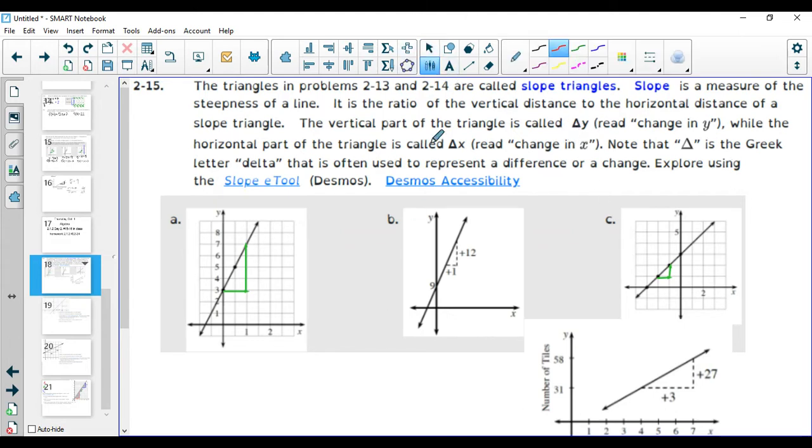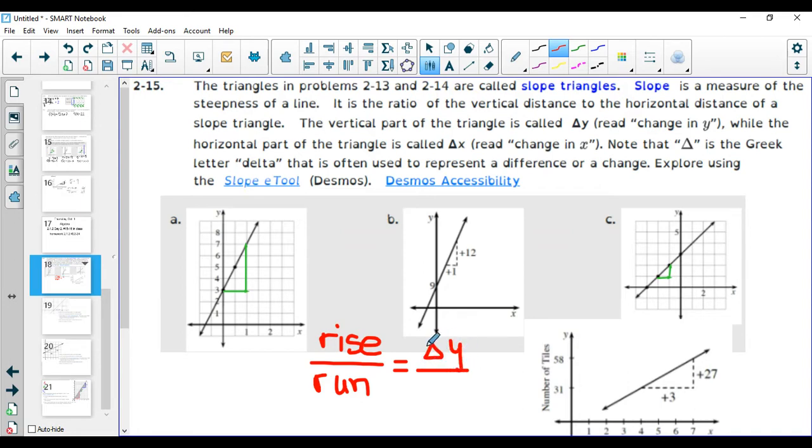We've also referred to that as rise, and the horizontal distance we've called run. That's how, back in the olden days when I learned it, that's what it was referred to as. It's more appropriately referred to as the change in the y value.